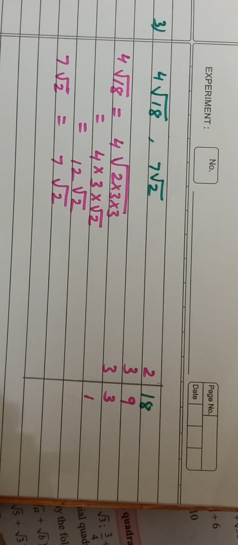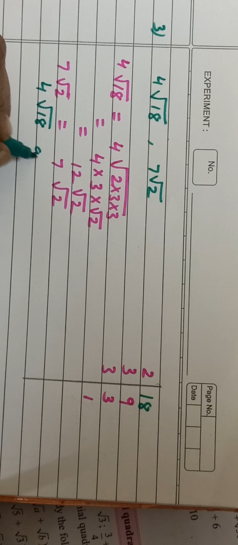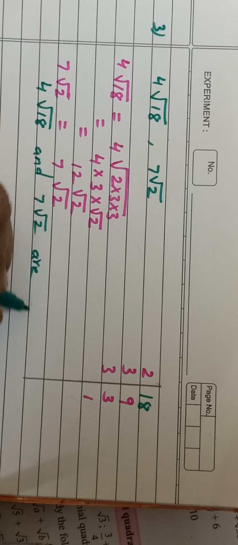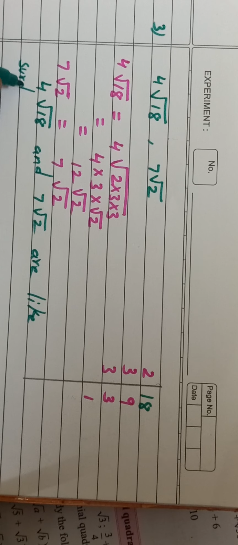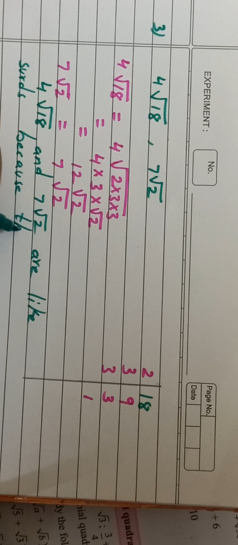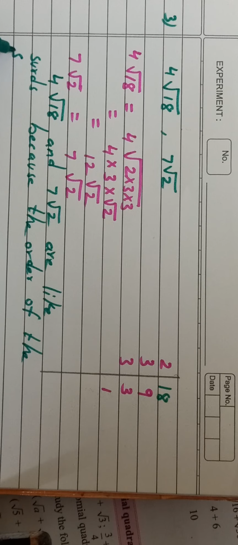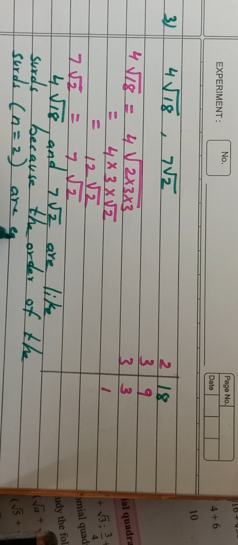The reason: 4 root 18 and 7 root 2 are like surds because the order of the surds, that is n is equal to 2, are equal.